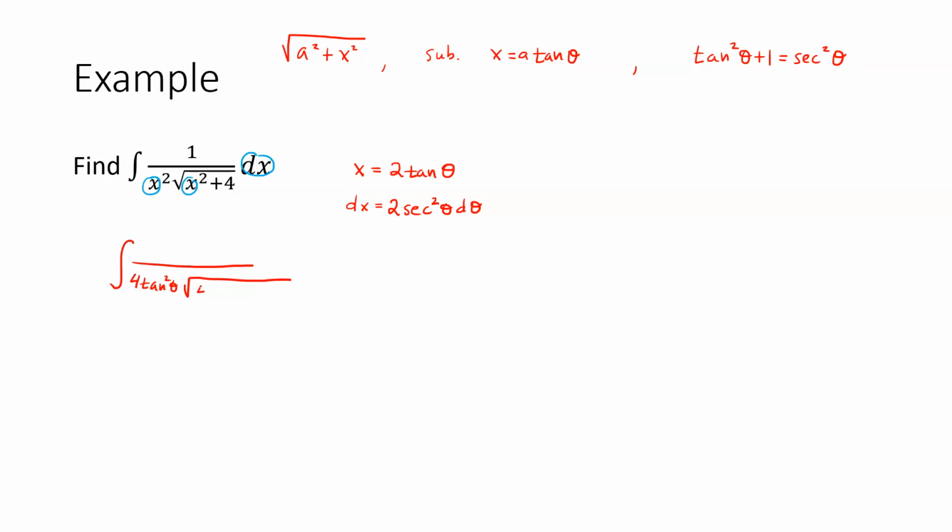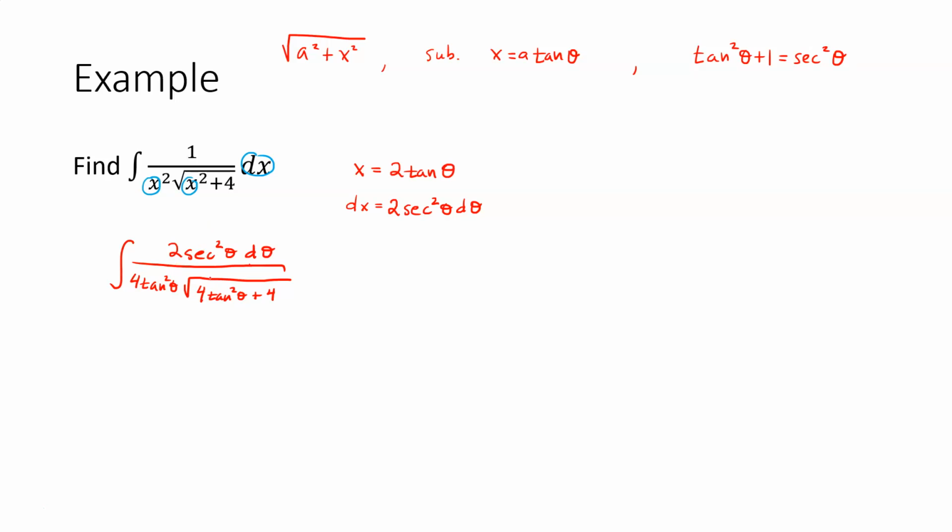And then the square root of 4 tan squared theta plus 4. And then dx here becomes 2 secant squared theta. Here, I'll just leave that in the numerator. Okay, so substituting everything in.